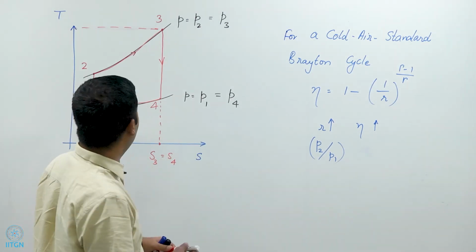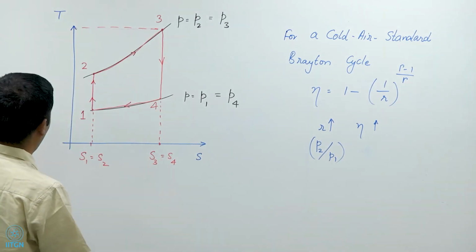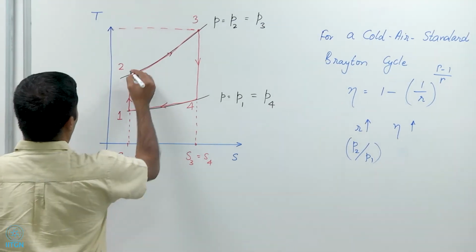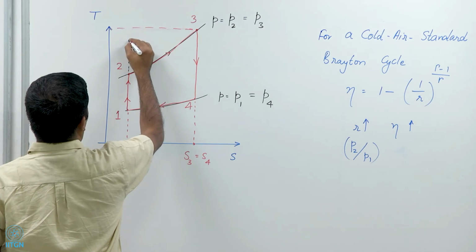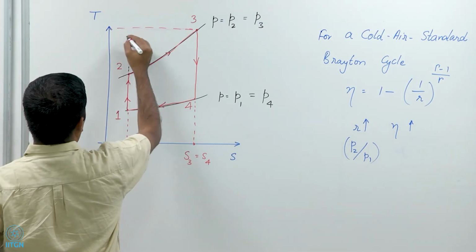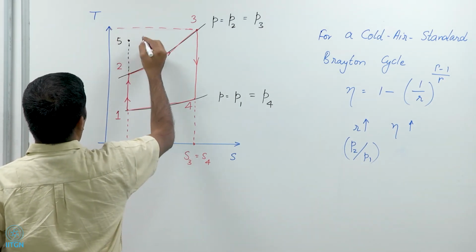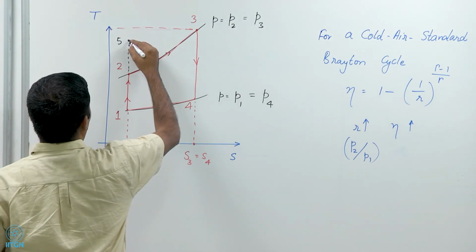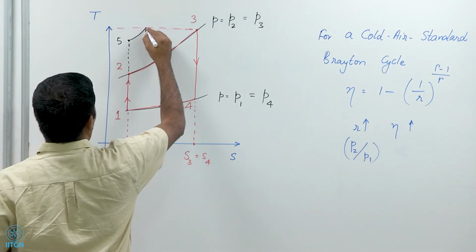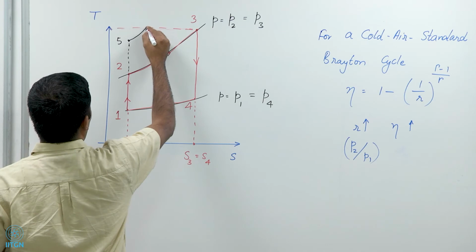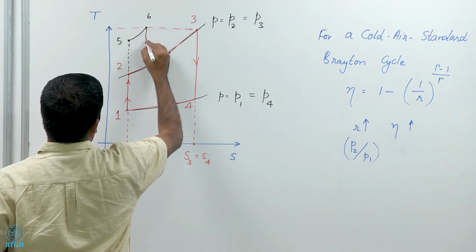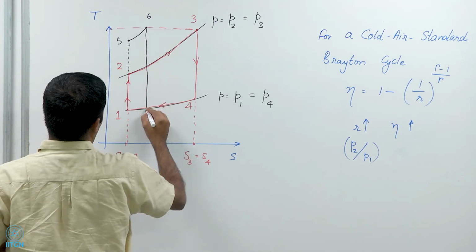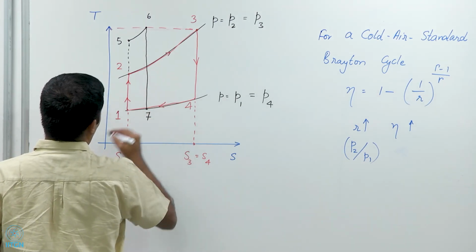So, in reality what happens is that when we have very high pressure ratios, assume that instead of 2 we had gone to state 5, then the isobaric heat addition would take us to state 6, and then isentropic expansion would take us to state 7.